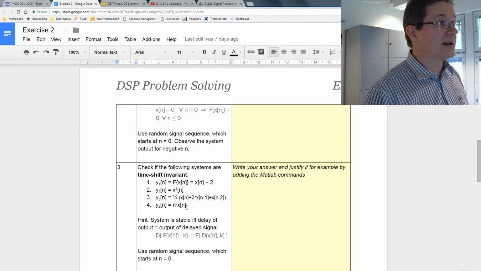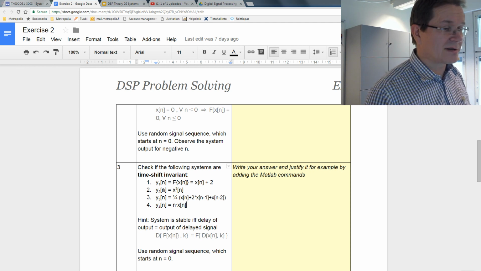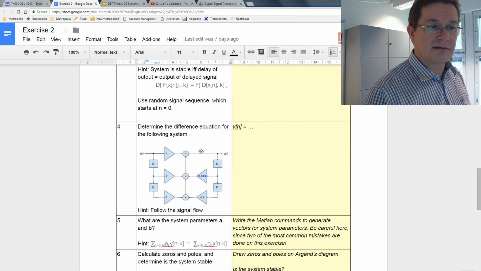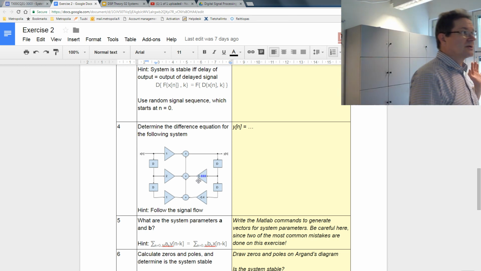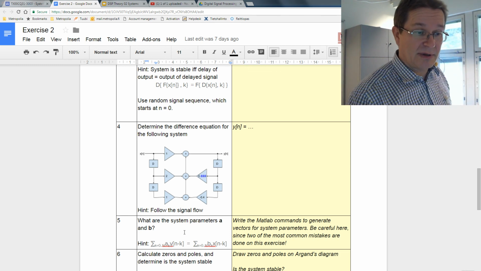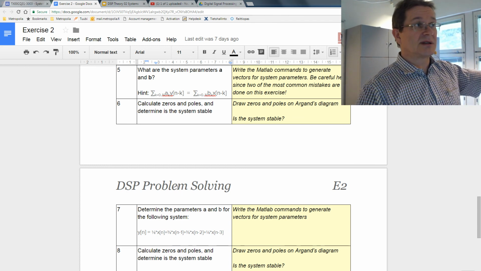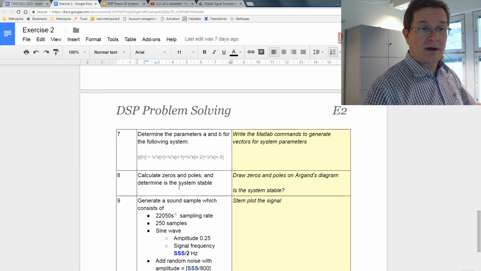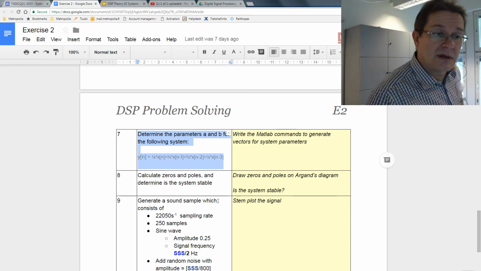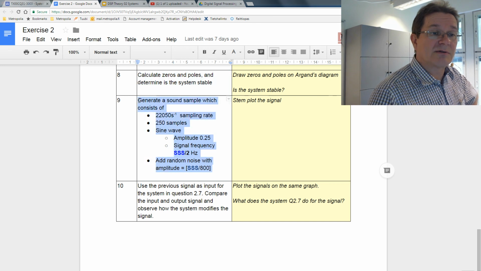My advice is actually that you generate some sort of functions you call from Matlab to do the tests. Then take this plot and turn it into the difference equation to find out the system parameters, calculate zeros and poles, and check if the system is stable. Then take this system, calculate A and B, and zeros and poles. Then again generate a sound sample.